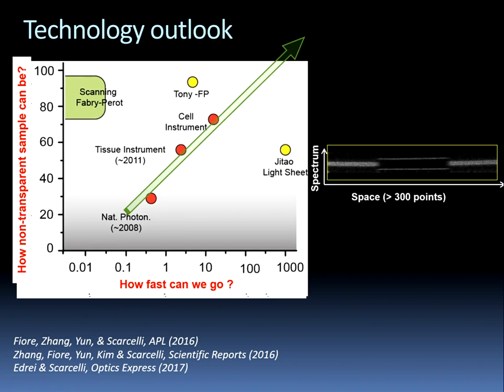We are developing now a light sheet version in which we basically measure 300 points at the same time. So it's much faster. And so we have ideas of how to go about a couple of orders of magnitude more. And so we have a few projects in the lab that are aimed at reaching this high resolution spectroscopy performance.